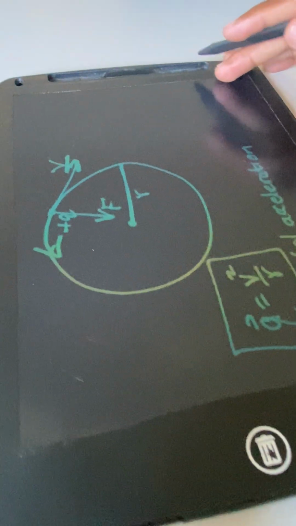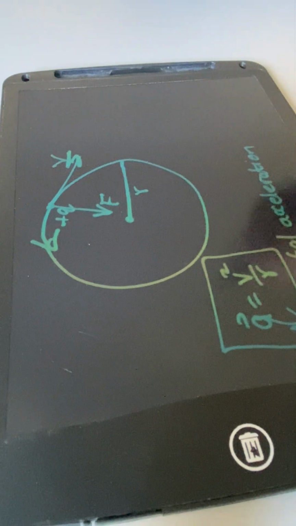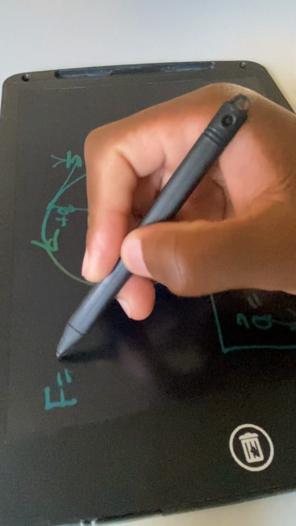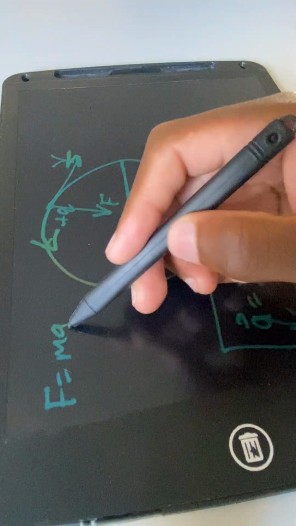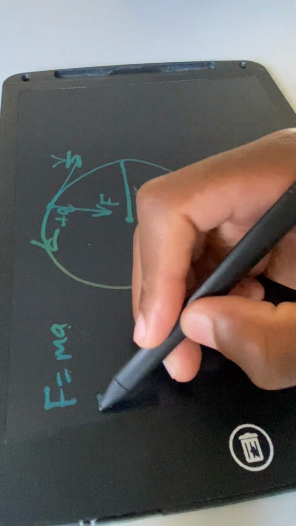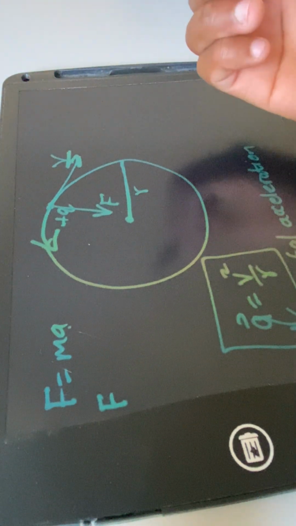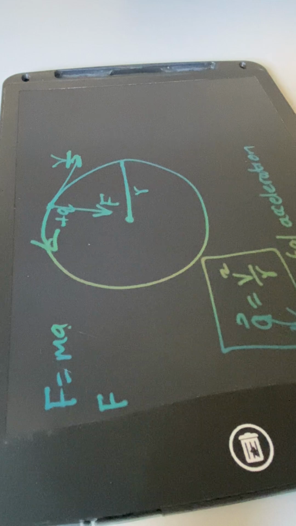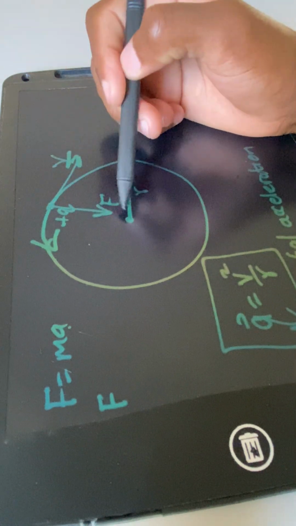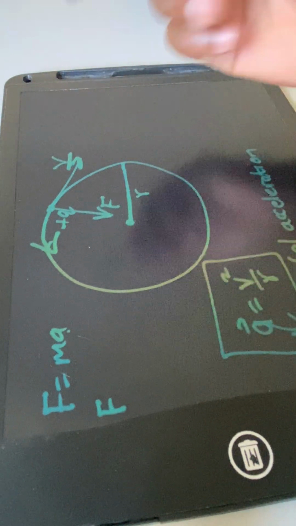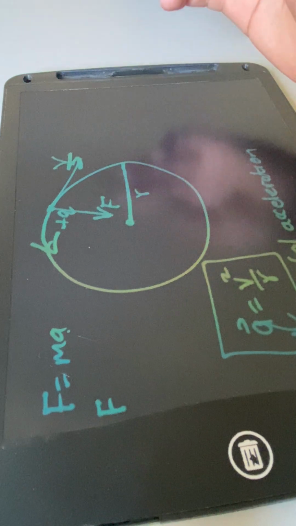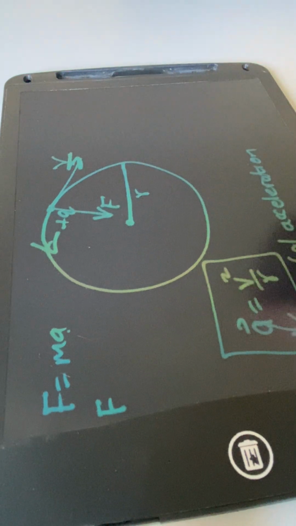Now if we know our centripetal acceleration, using Newton's second law of motion, we know that F equals ma. So we know the value of a, which means our centripetal force, and in this case the centripetal force is the magnetic force pointing toward the center, because whenever we have circular motion due to a certain force, the force always has to point towards the center.